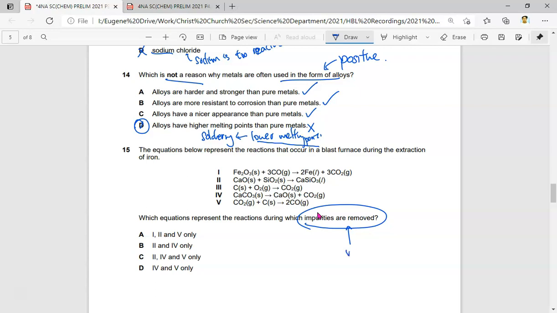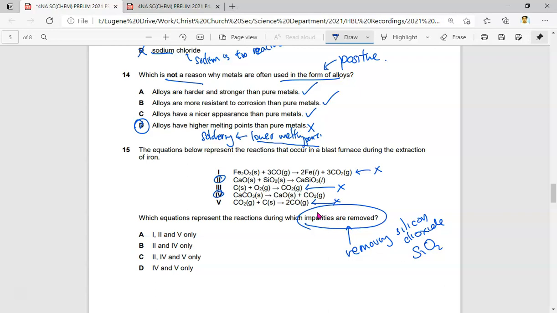Let me write down removing silicon dioxide. Silicon dioxide is SiO2. So therefore, 2 is confirmed going to be inside. Now 1 is not about impurities being removed. 5 is also not.